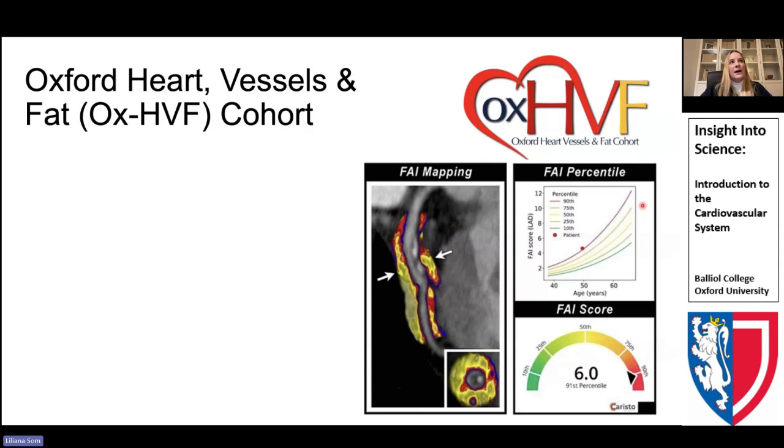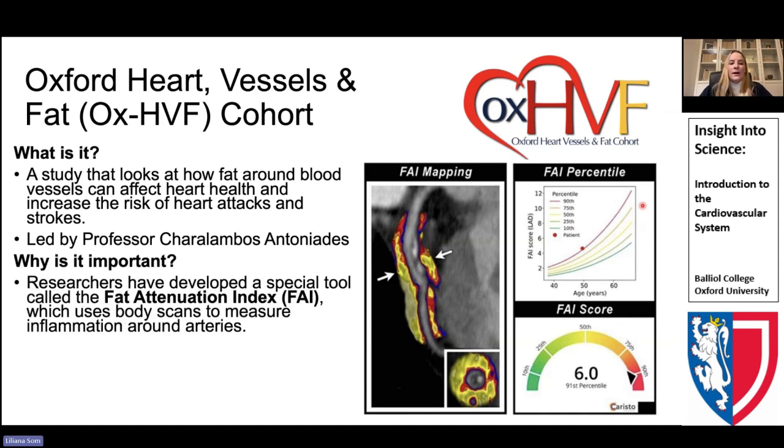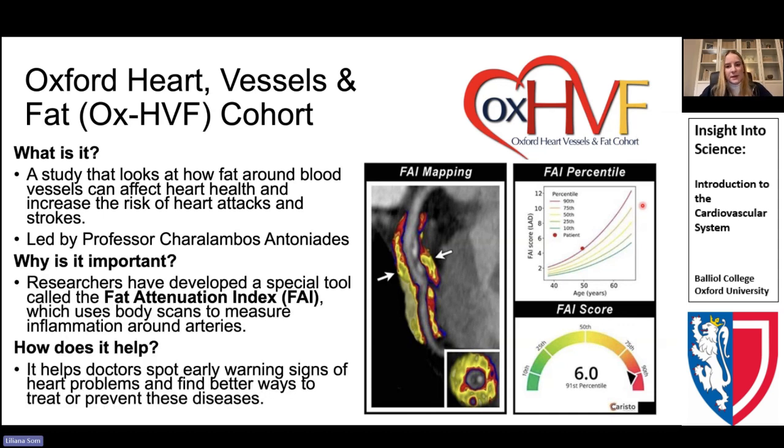And another highlight, I would say, of the research that is happening in Oxford is called the Oxford Heart, Vessel and Fat Cohort. So this initiative is led by Professor Harris Antoniades at the John Radcliffe Hospital in Oxford. And they've recruited over, I believe, 1,500 people to participate in this study.